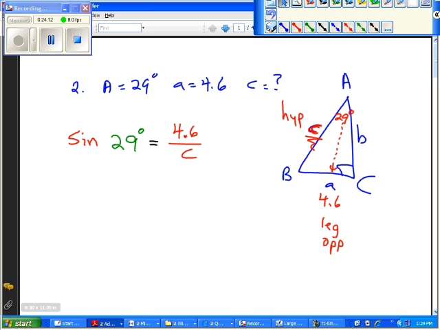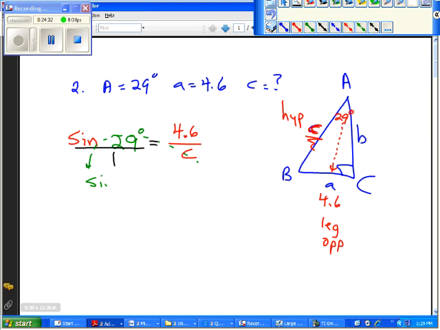Everybody caught up? Now, the easiest way to do this is to just think of this as being over 1. If you do, we now have a proportion. You could just multiply through by the denominator c, or you can think of that as a proportion and cross multiply.